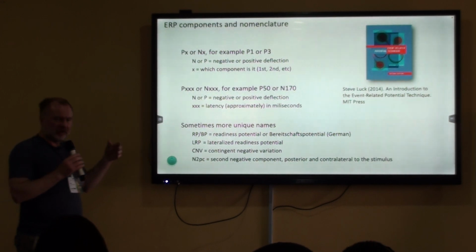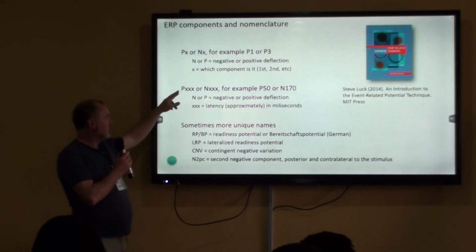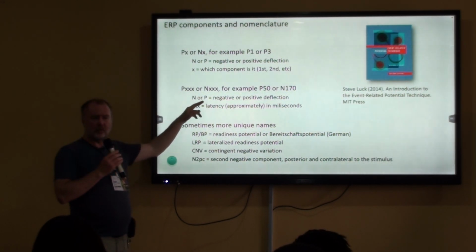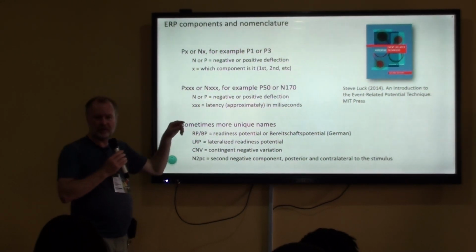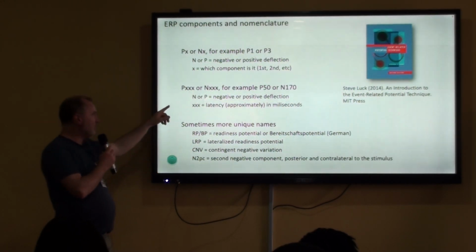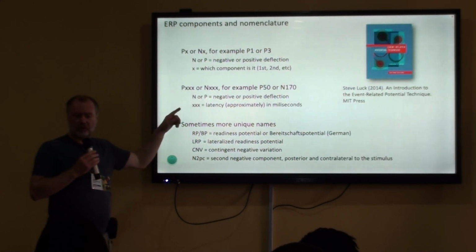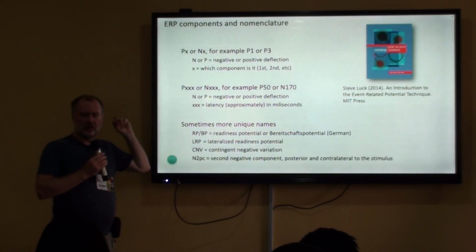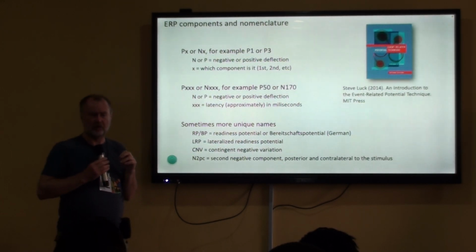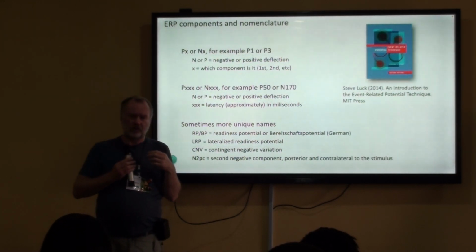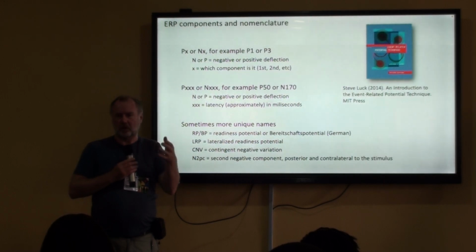So this is where the second type of terminology comes in. So we have P followed by a number in milliseconds, or N followed by a number of milliseconds. So for example, you have the P50 or the N170. Again, P or N refers to it being a positive or a negative deflection, but the number is now the latency, approximately in milliseconds. So the P300, that's a very well-known component.